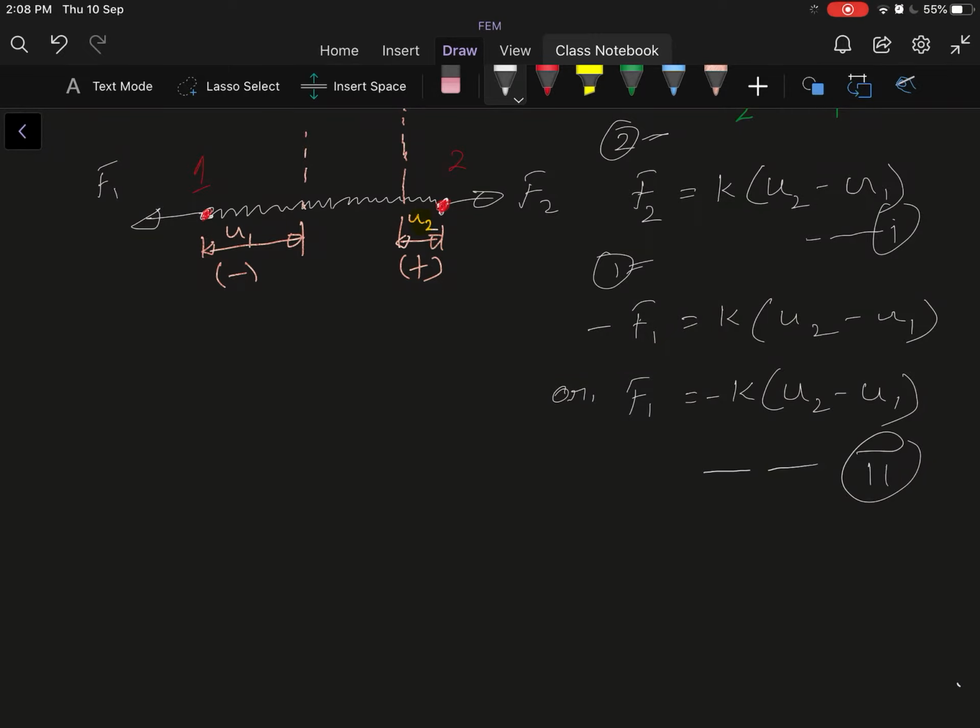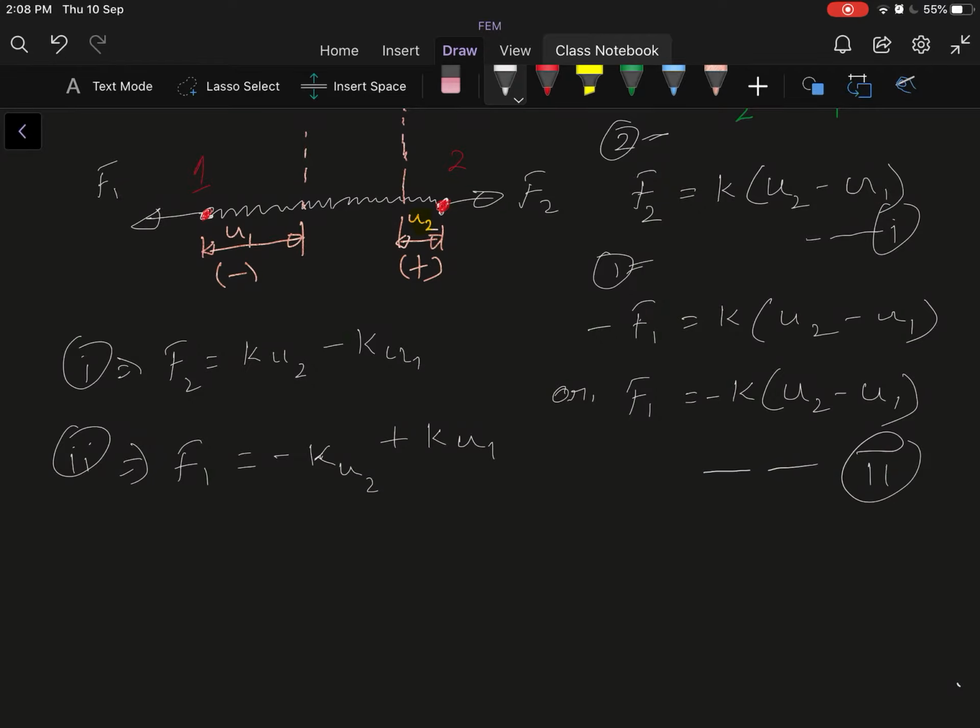So from equation 1 we get F2 equal to K into u2 minus K into u1, and from equation 2 we get F1 equal to minus K u2 plus K u1.